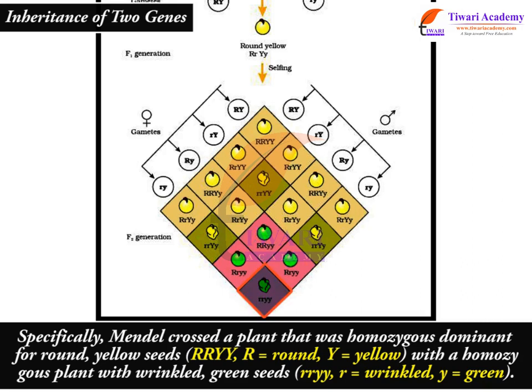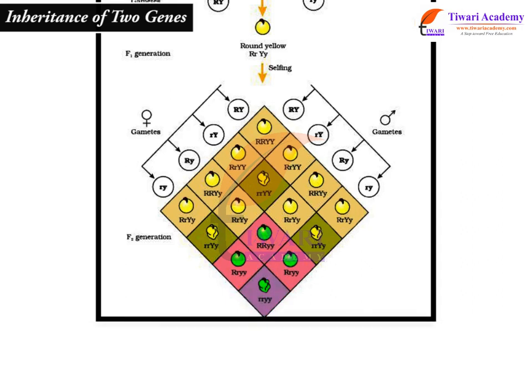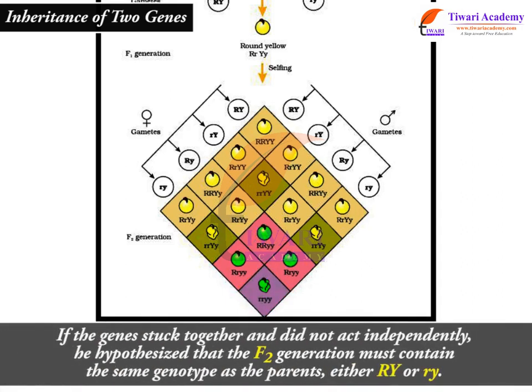Small r is equal to wrinkled, small y is equal to green. If the genes stuck together and did not act independently, he hypothesized that the F2 generation must contain the same genotype as the parents, either capital R, capital Y or small r, small y.